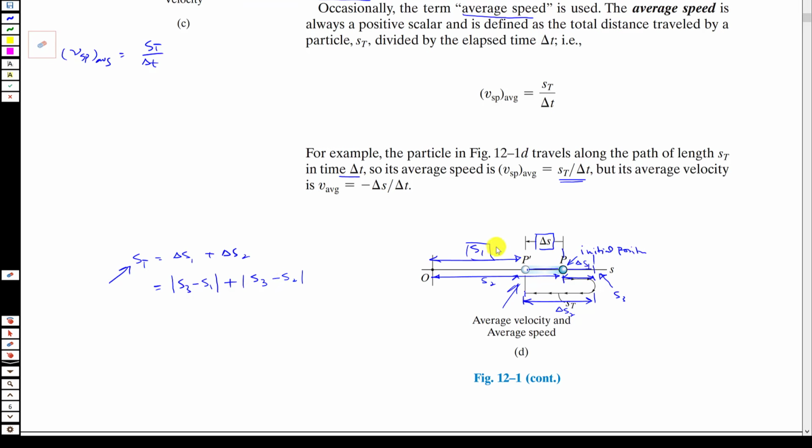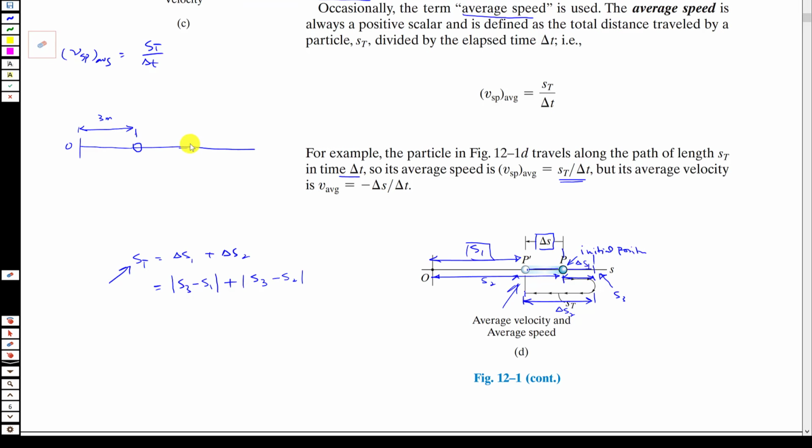Now let me clear this. Let's say initially the particle was somewhere here, and the initial position from the origin was, let's say, 3 meters.